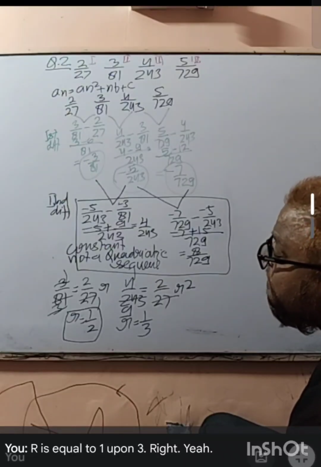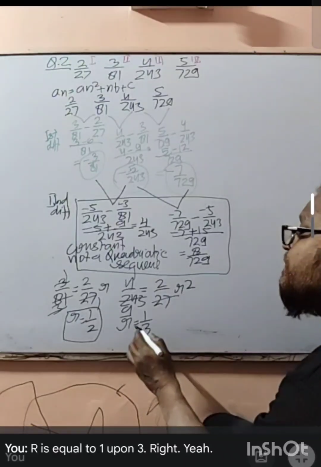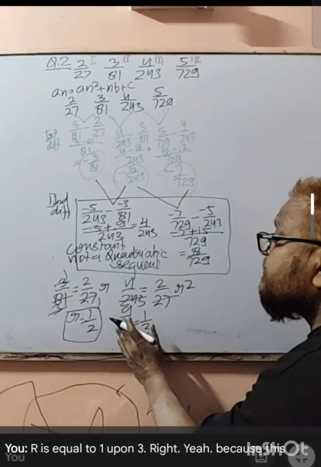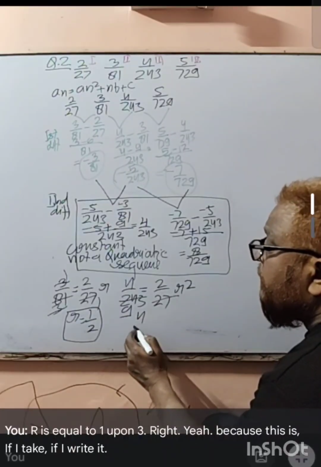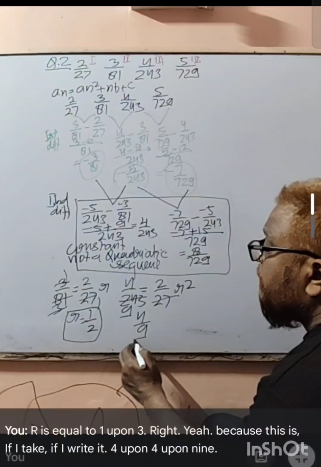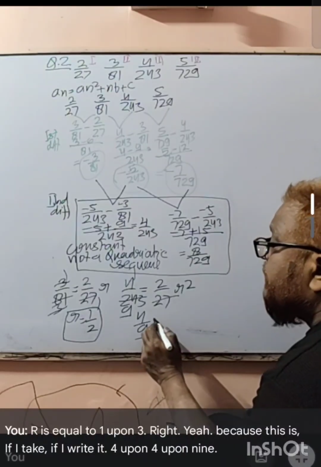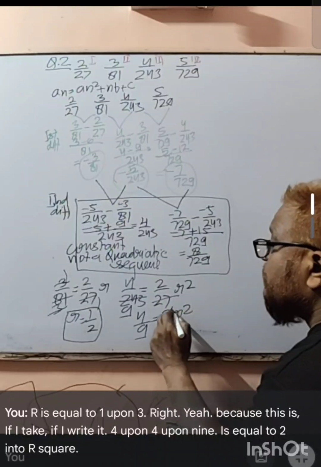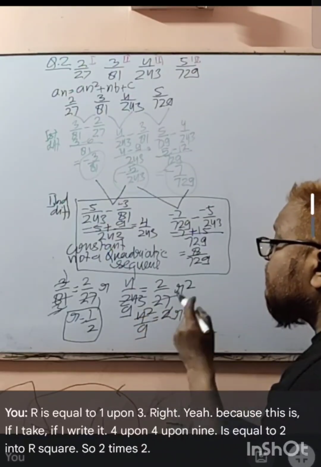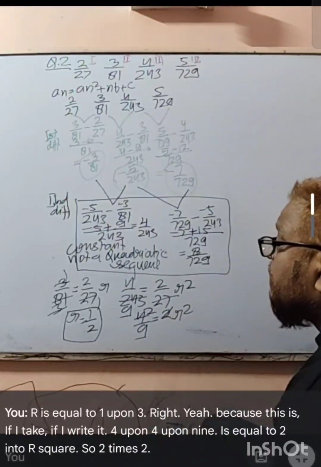Shreya, because if I write it, 4 upon 9 is equal to 2 into r squared. So 2 times 2, right?